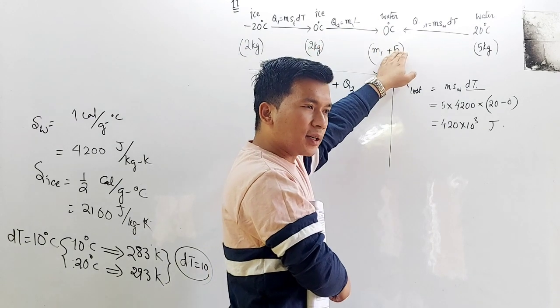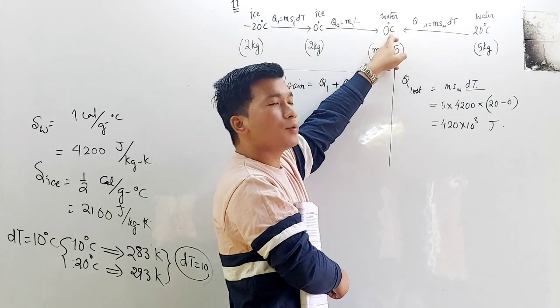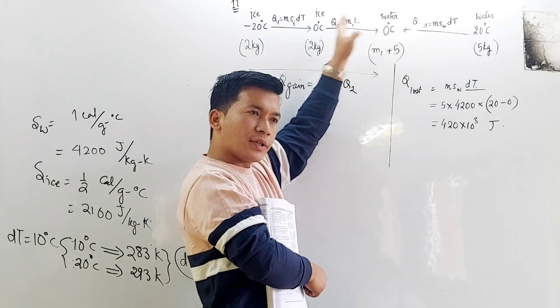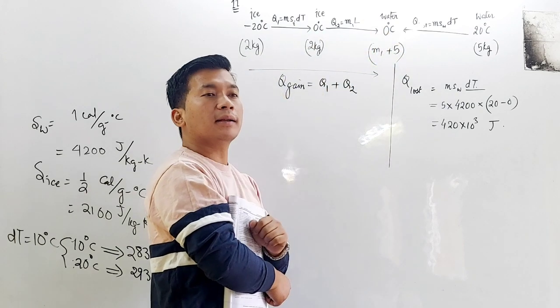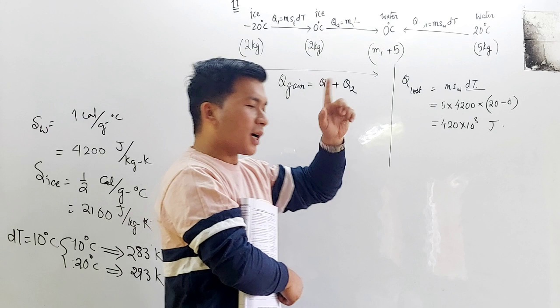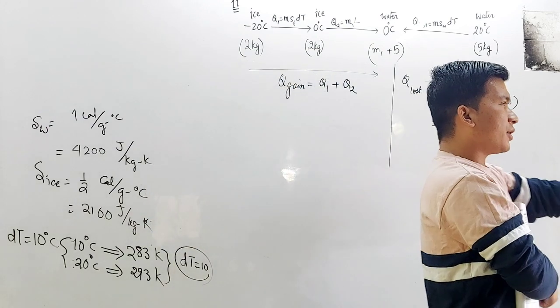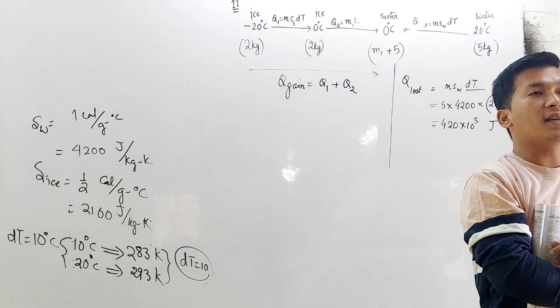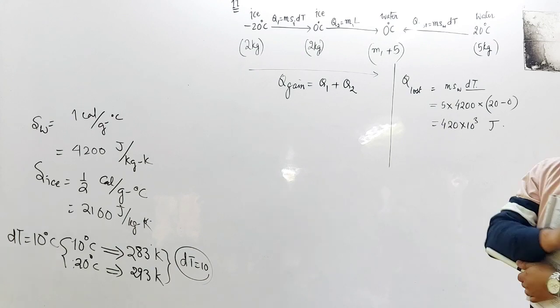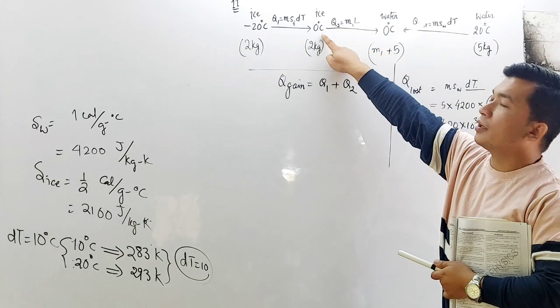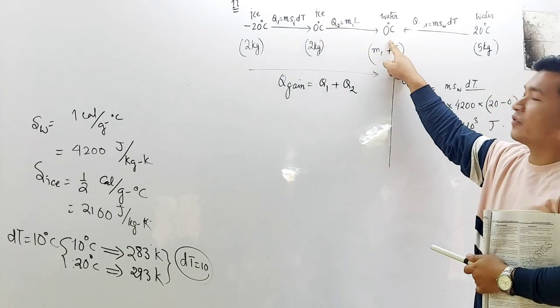The reverse is freezing, from 0 degree water to 0 degree ice. 0 degree is the melting point and the freezing point, but these two processes are quite different. This is the melting point, this is the freezing point.